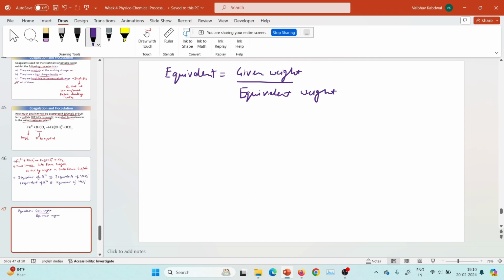And what is mole? Mole is given weight by molecular weight. So we know the molecular weight.